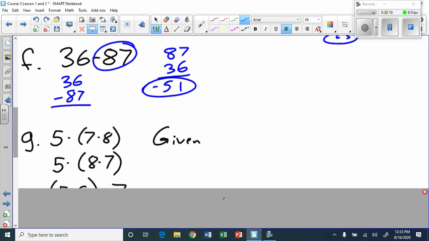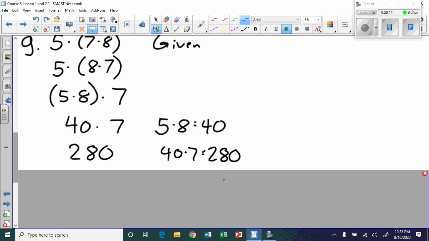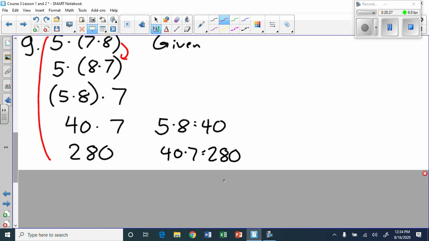Now the next one is one of the proofs. Sometimes they're going to start you off. If they don't start you off, then I need you to write this entire thing. Start with what's given, work it out, and tell me the steps. As I look at this line to this line, only one thing changed, and that was the order. So changing order, commutative property of multiplication. From here to here, 5, 8, 7, 5, 8, 7, order did not change.